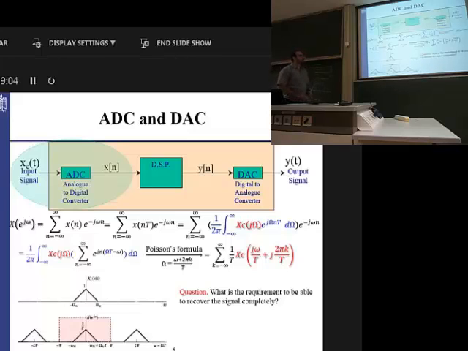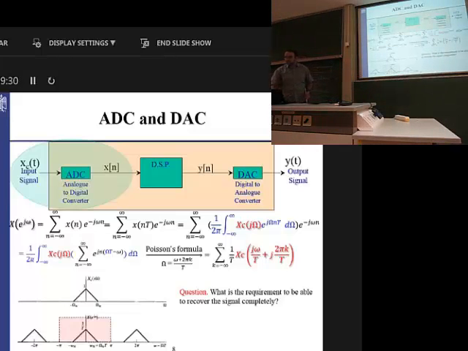Now the question arises: what should be the requirement if we want to be able to recover the signal completely? In order to recover the signal, we need to put a filter here in such a way that the baseband spectrum, this one, has no change.